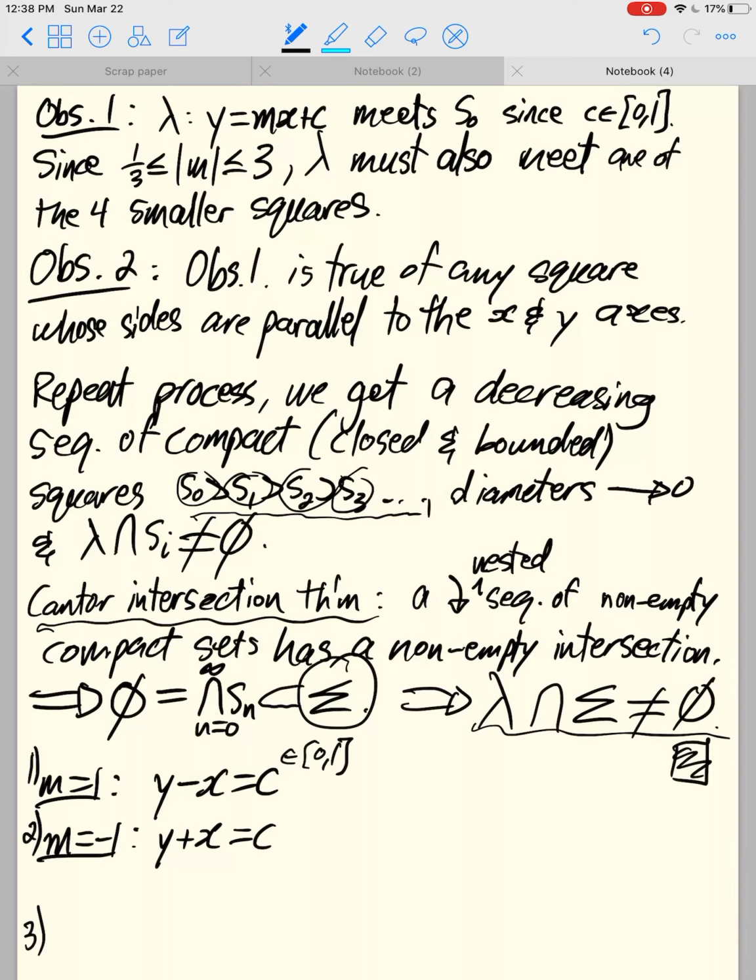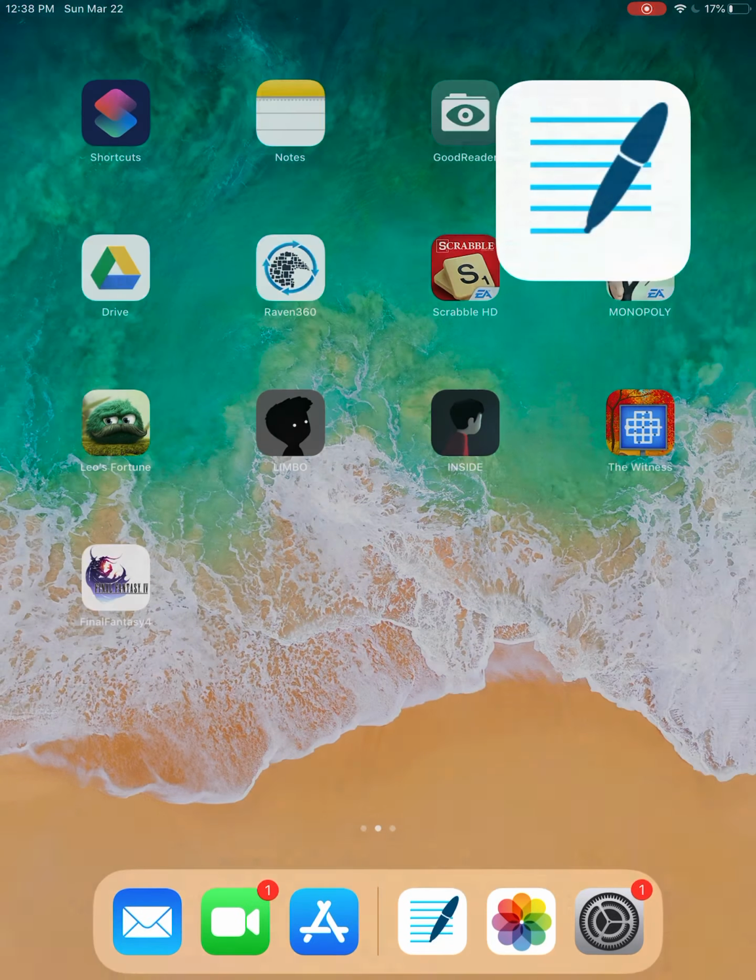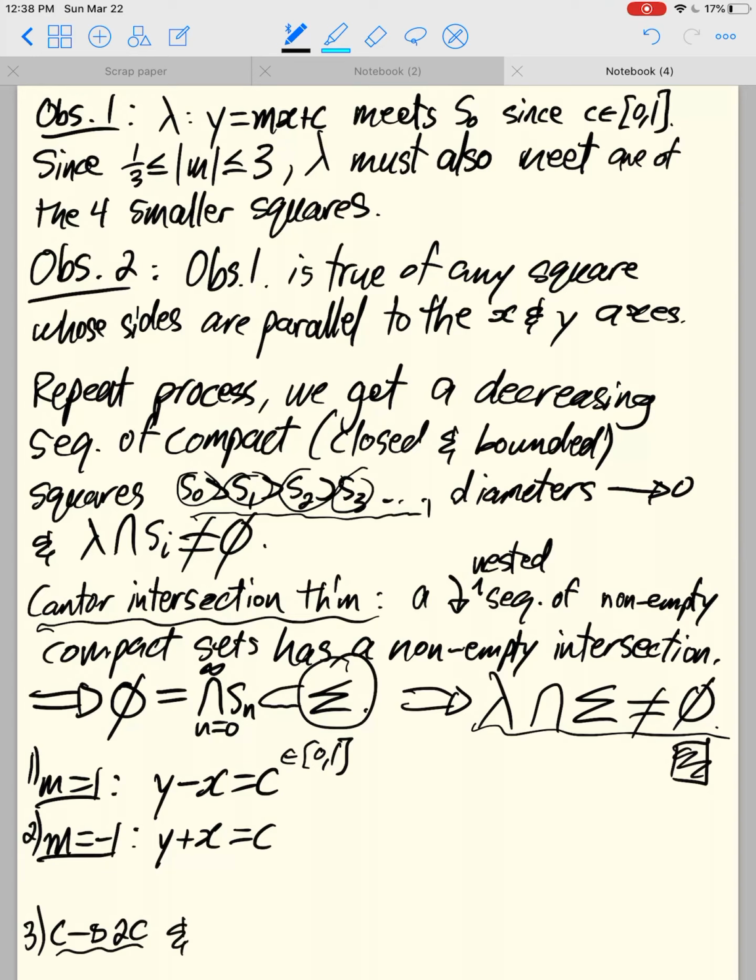And finally, if we change c to 2c, and we take m equals -1 again, we're allowed to do this. I'll skip over the details, but basically, if you draw out the picture with 2c instead of c in the case that m equals -1, you'll see that it'll still intersect the square at each stage.